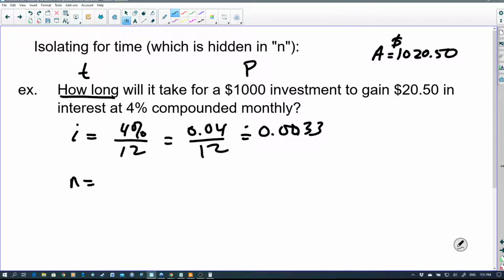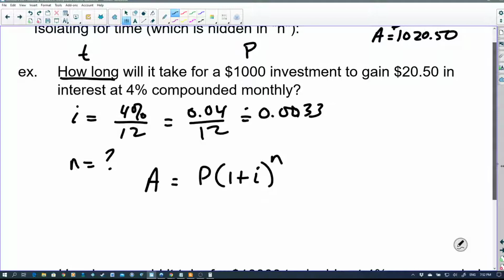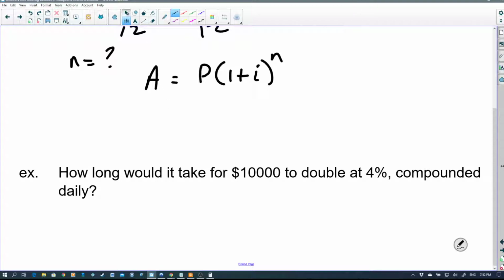And our n value we don't know. So let's write our equation out, and then we'll see what we have to do to isolate n. Now normally I tell my students to, I'm going to run out of room here. Let me move this next example down.